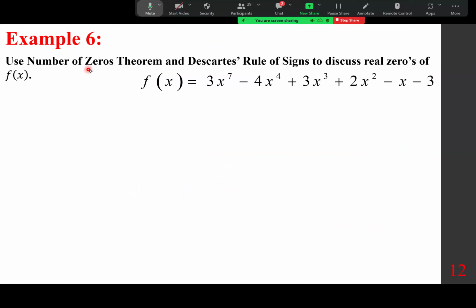Use the number of zeros theorem and Descartes' rule of signs to discuss real zeros of f of x. In other words, we want to see how many zeros we have, positive, negative, and so forth. First and foremost, this is in descending order. It has to be in descending order. And look at the leading term. Leading term has degree 7. So maximum number is 7.